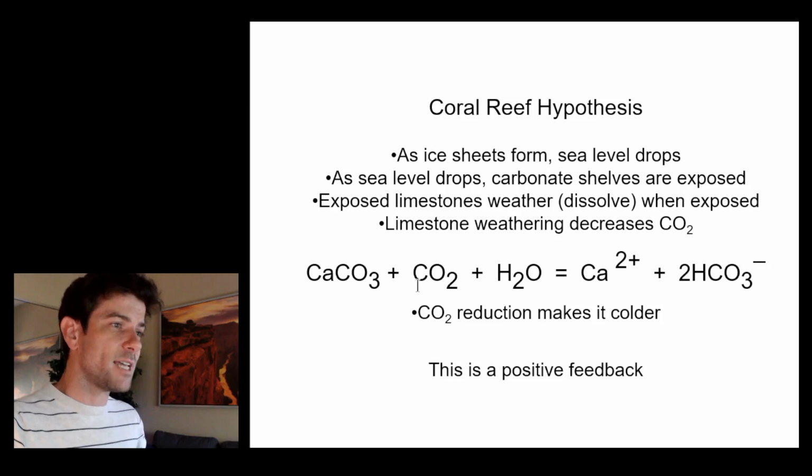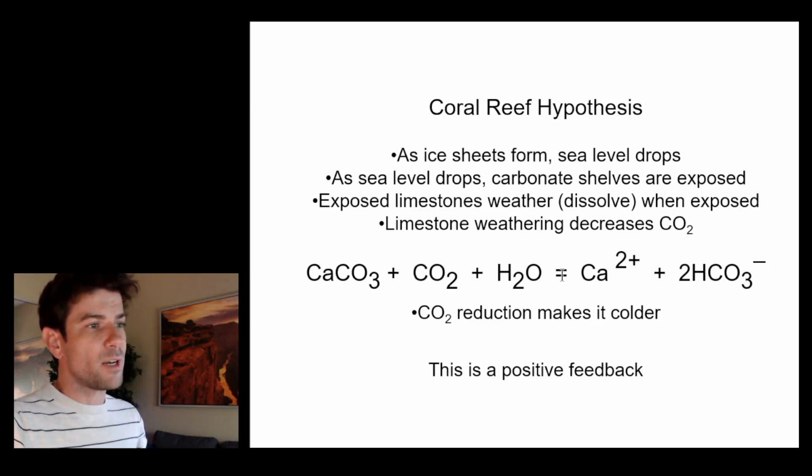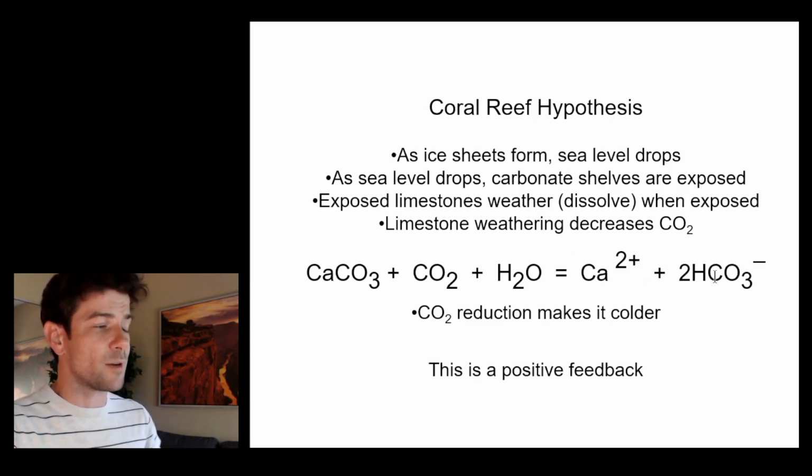And so you're taking CO2 out of the atmosphere and turning it into bicarbonate. But when you get to the ocean, you have a problem. You only have 1 calcium, and it came from this calcium carbonate, right? And so all you can do here is turn this back into one calcium carbonate, and you're stuck with another bicarbonate, okay?